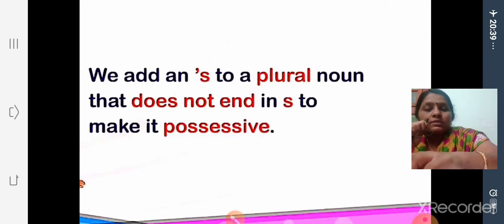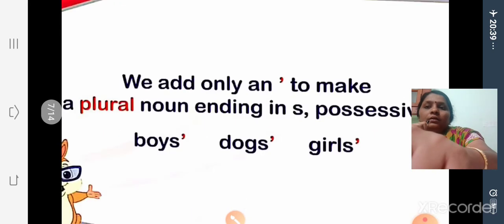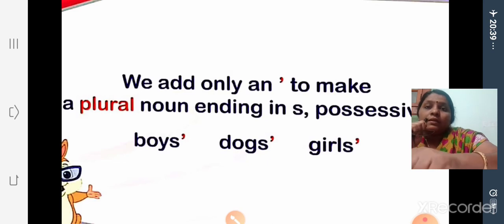If the word is a plural noun and it does not end in an s sound, then we can add apostrophe s. Then third, if a plural noun ends in s, then we just add an apostrophe only. No need to write s again. Add the apostrophe at the end of the word.